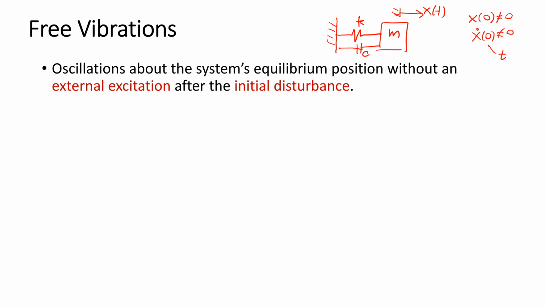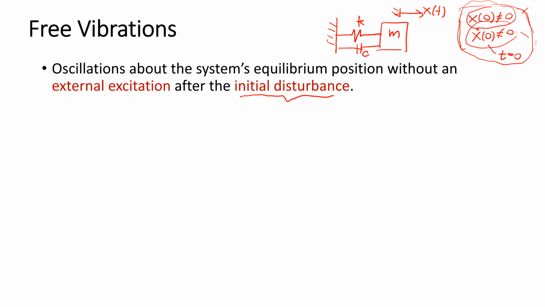When time t equals 0, there is an initial position and initial velocity, just only one case. Maybe you're going to have a non-zero initial position but zero velocity, or a non-zero velocity but zero initial position, or a combination of these.